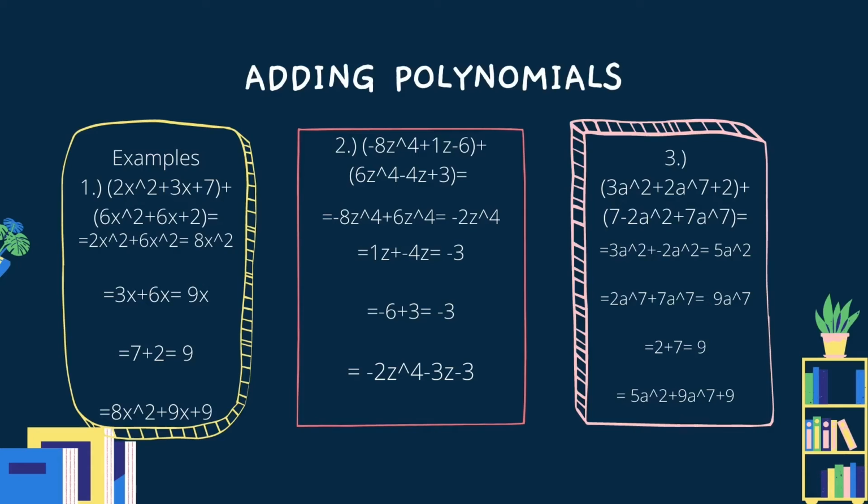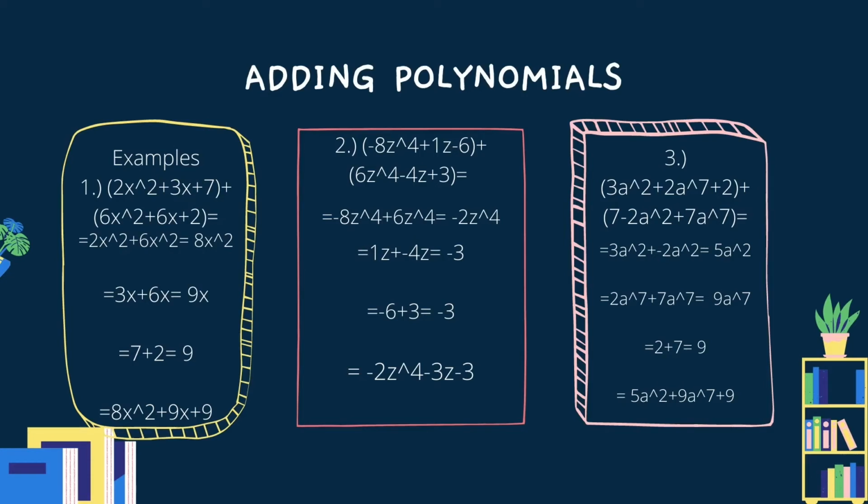Number 2, negative 8z raised to the power of 4 plus 1z minus 6 plus 6z raised to the power of 4 minus 4z plus 3. First, we look for the like terms again. Negative 8z raised to the power of 4 plus 6z raised to the power of 4. That is negative 2z raised to the power of 4.